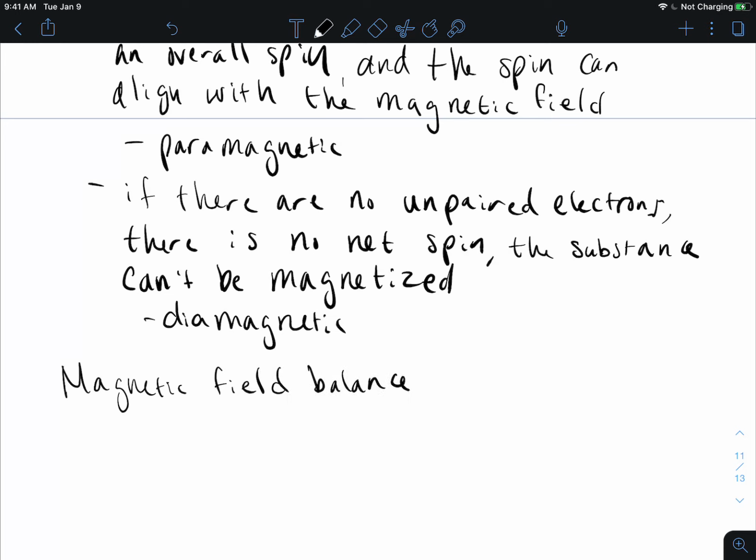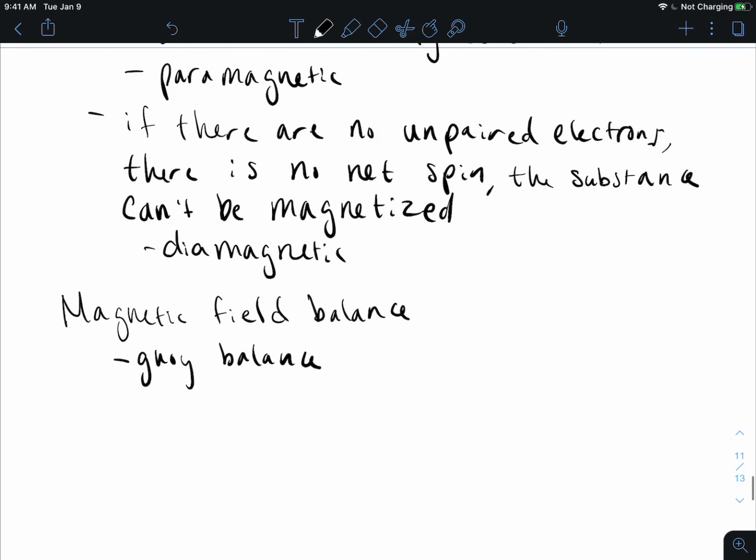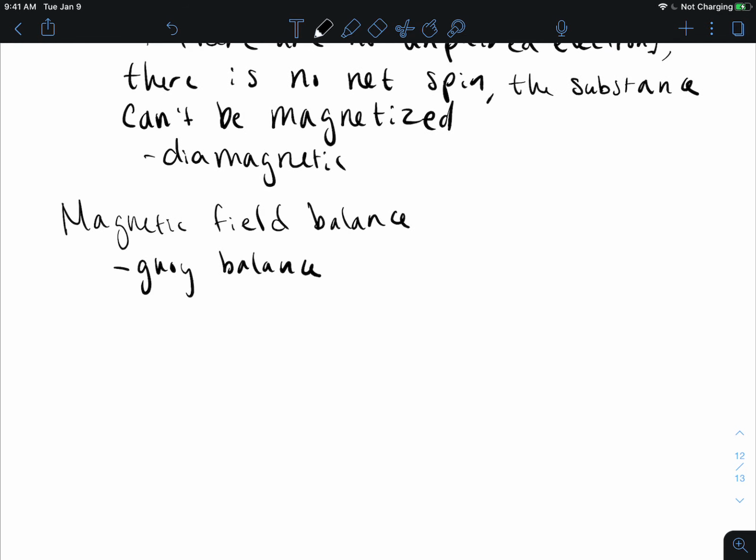So we have a magnetic field balance, which we call a Gouy balance. So it basically looks at the weight of something taking into account its magnetism. So if we have a sample, it's going to have a set weight.